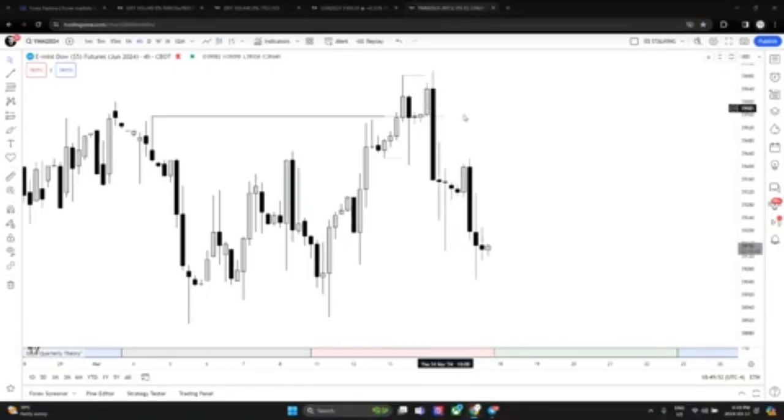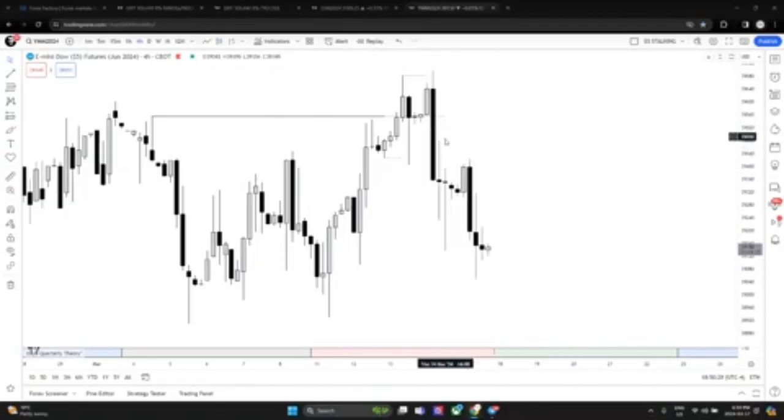So there is one of two things that will happen whenever we have a fair value gap being formed. It's either price is going to fill it or not. And comparing the indexes, if you're looking at the index futures, whenever one fills a fair value gap after the sequential SMT, then you don't have to expect the other one to fill its fair value gap.